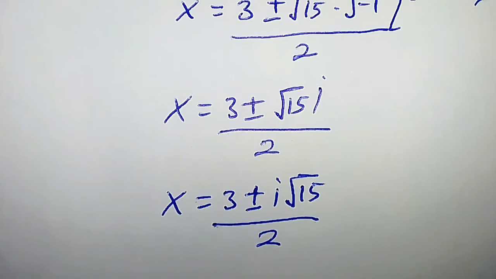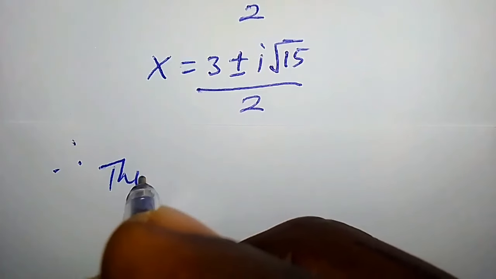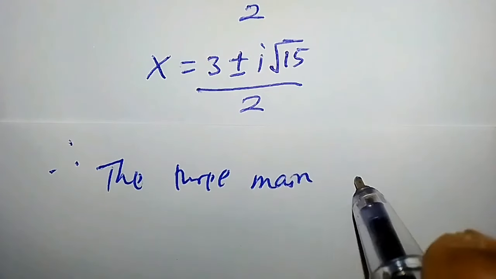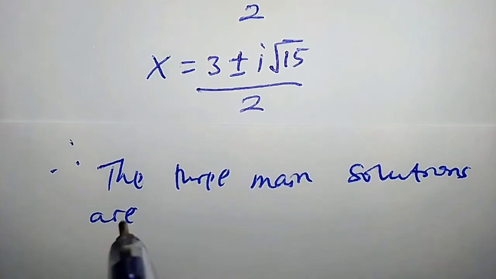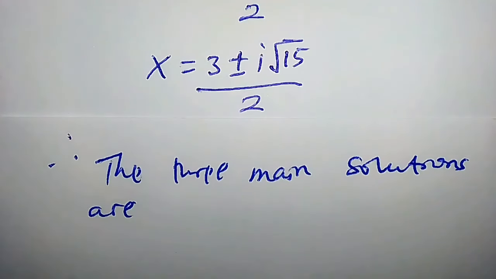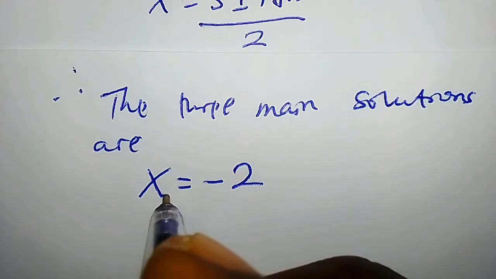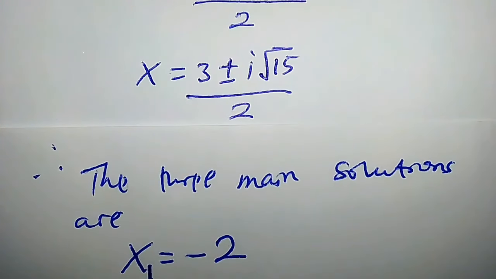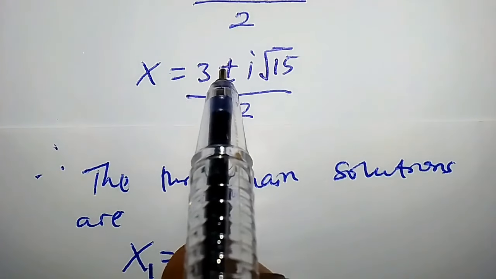The first solution that we obtained is a real solution. Therefore, the three main solutions are: the first solution is x equal to minus 2. We can call it x1. And the second solution, we can easily obtain it from this guy by just considering the positive sign.